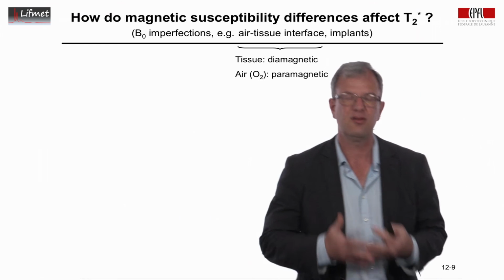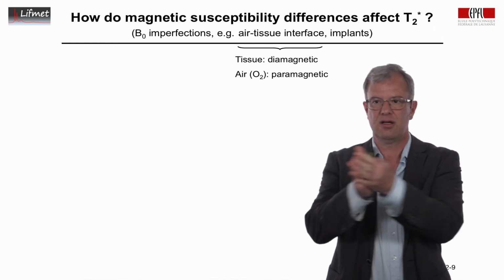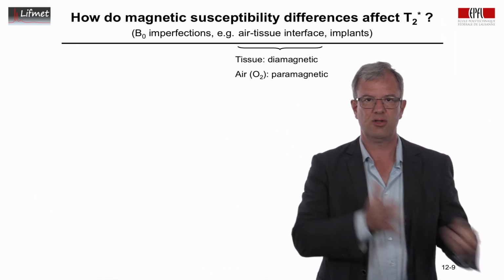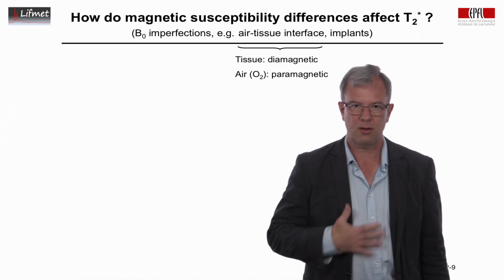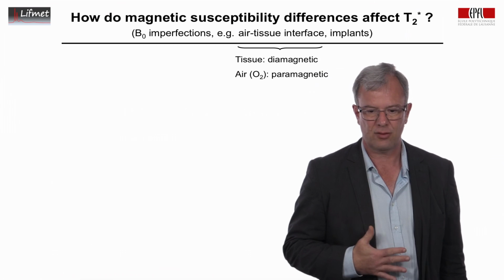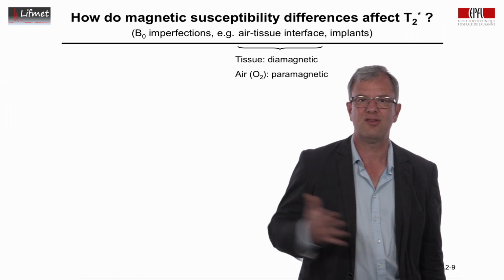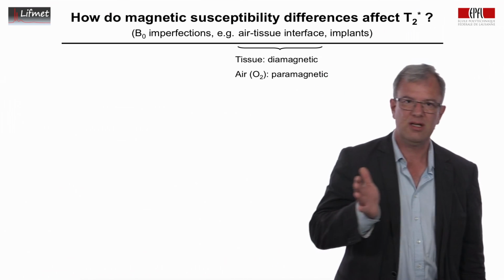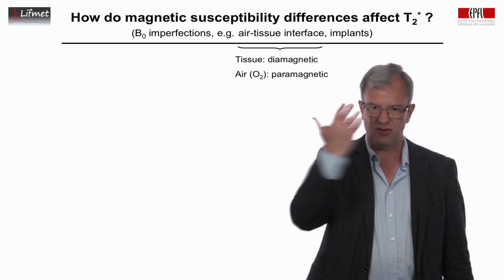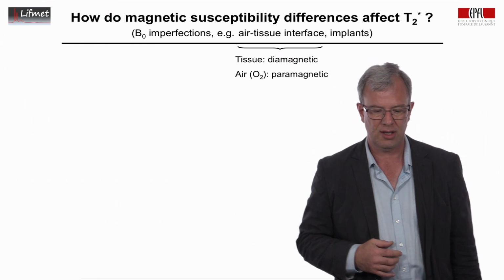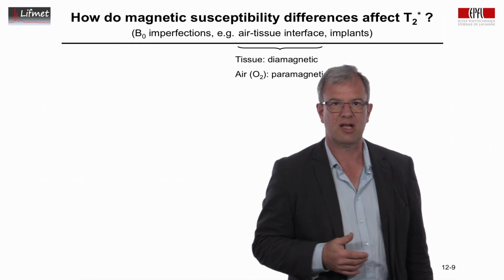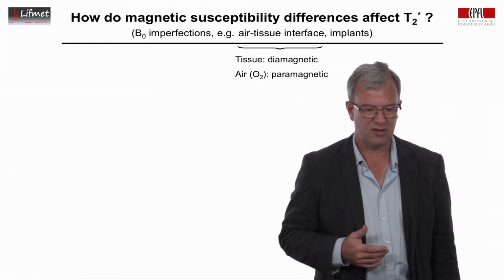We have seen this. 20% oxygen in the air produces sufficient paramagnetism compared to our bodies, which are essentially water and therefore diamagnetic. So we'll have the same kind of transition between the paramagnetic species, which is the air around us, and the diamagnetic surrounding, that's our body, that creates changes in B0, delta B0.